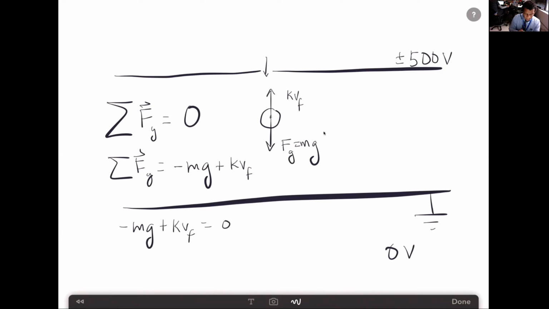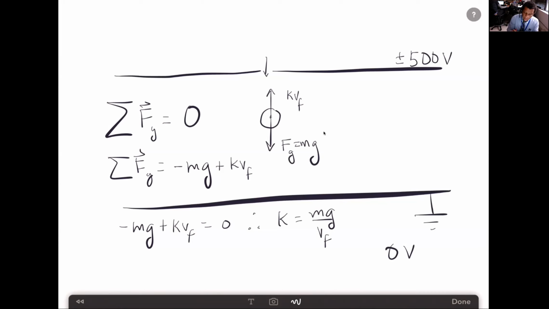All right. So with this formula, I can just say, therefore, k is equal to mg over v_F. So we're going to use this to get rid of the k. We're going to do something here in a second.